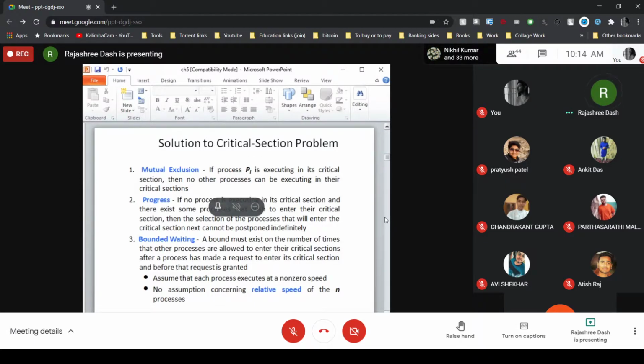Now, when we are going to propose any solution to the critical section problem, using any type of synchronization mechanism, that solution should satisfy three requirements.